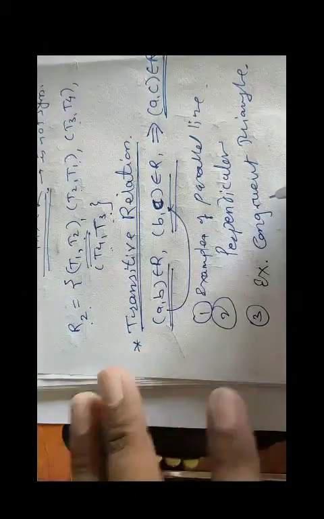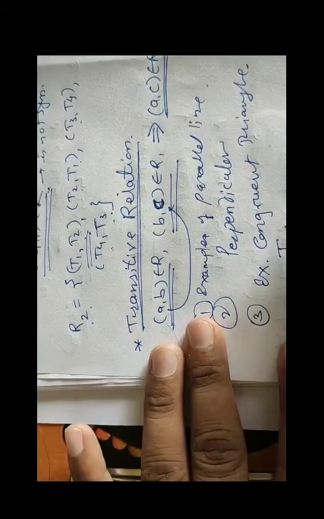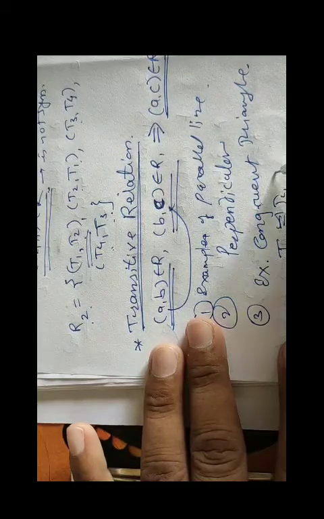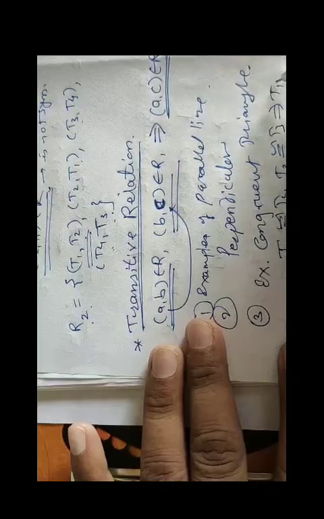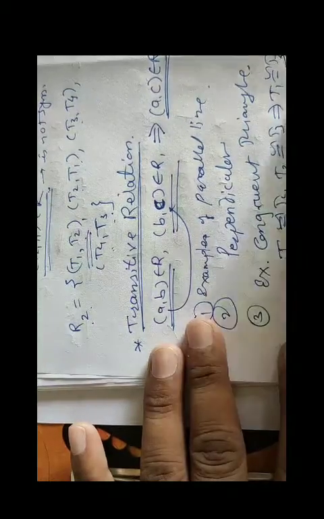If triangle T1 is congruent to T2, and T2 is congruent to T3, it implies that T1 is congruent to T3.